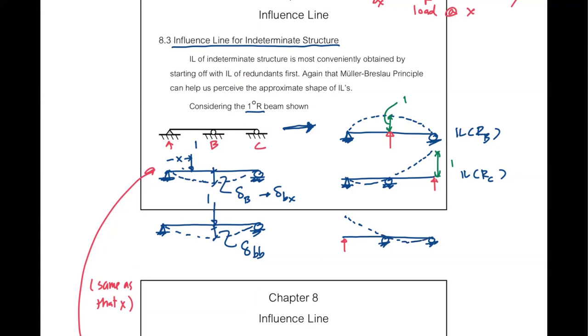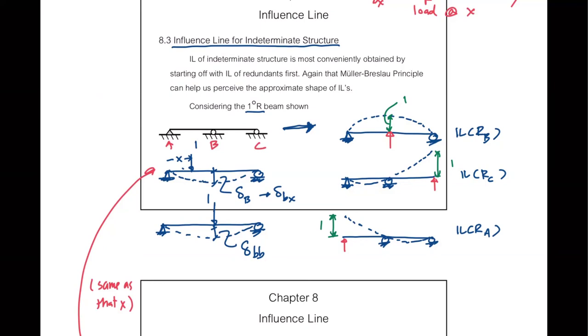That's going to be a unit load, and this is the influence line of RA, of course. You got the same as mine?